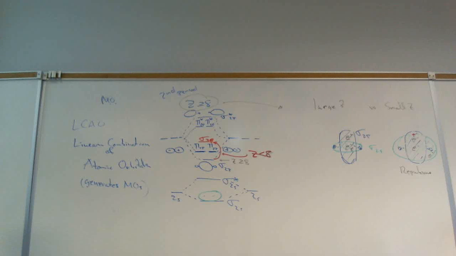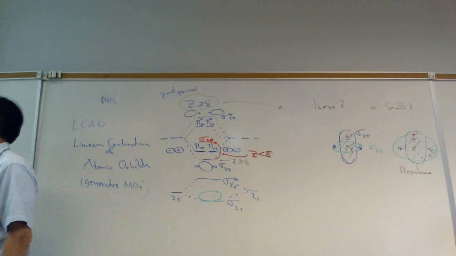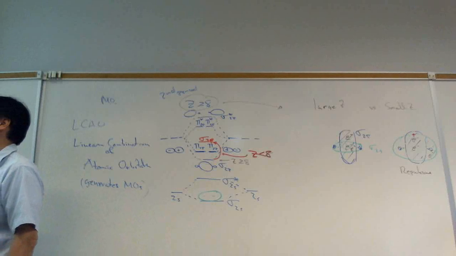How about Ne2? Anti-bonding cancels out all the bonding, which gives us bond order 0. And so these are the scenarios for diatomics. These are called homonuclear diatomics. Homonuclear diatomics means the same atom.